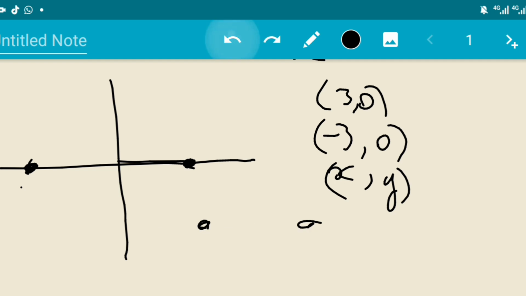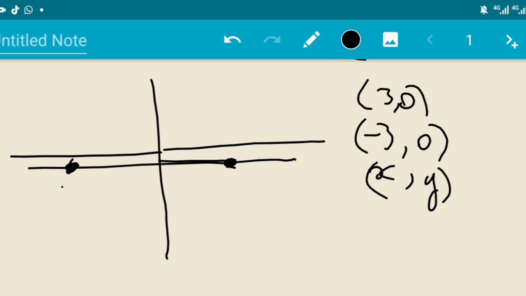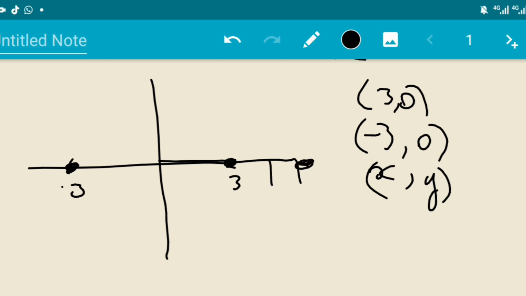We've been told that the length of the major axis is 10, meaning we've got 5 this side and 5 on the other side. This was 3 and 3, so this would be 3, then 4, 5. That would be 5 to the right and -5 to the left.